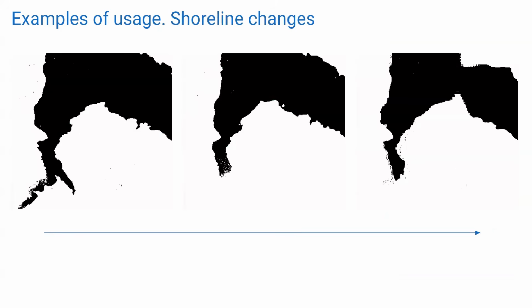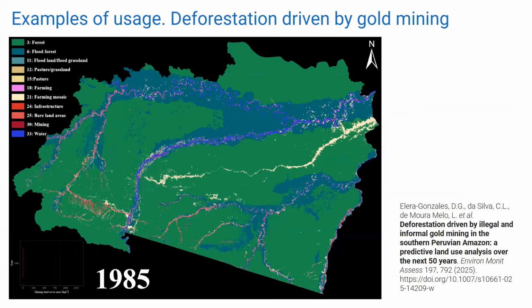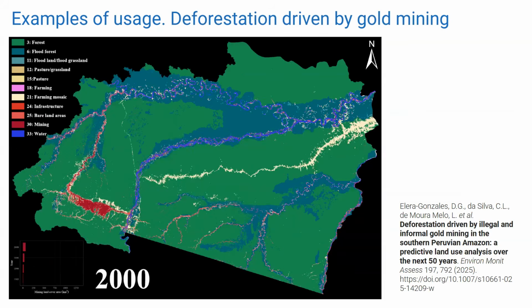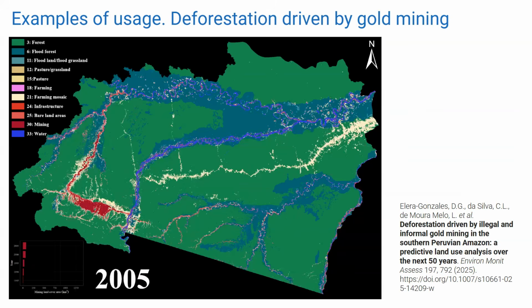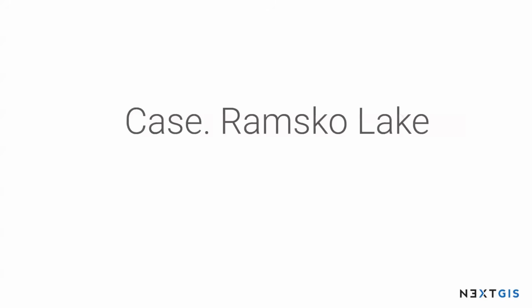And for example, for predicting shoreline dynamics, especially for freshwater bodies. So you are not limited to general land use land cover dynamics. You can apply it to any spatial dynamics, which could be reflected in categorical maps as forest, not forest, water, not water, productive land, not productive land, etc.